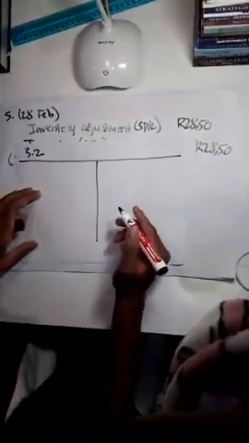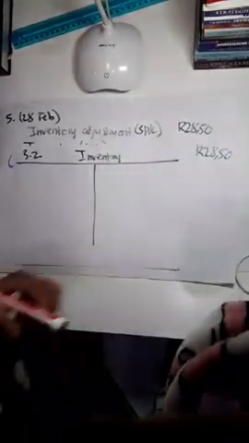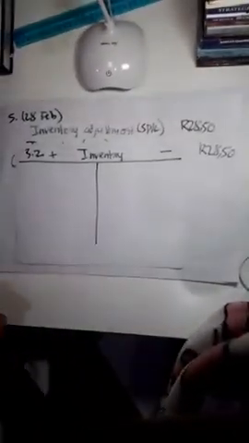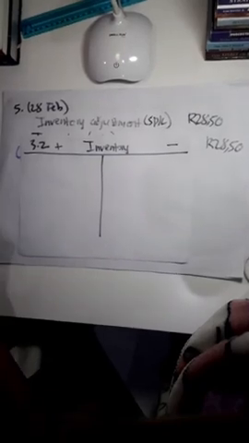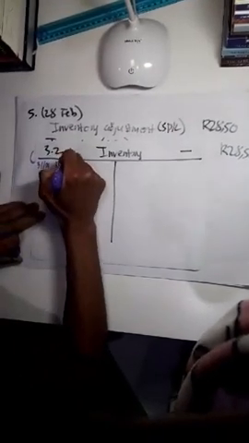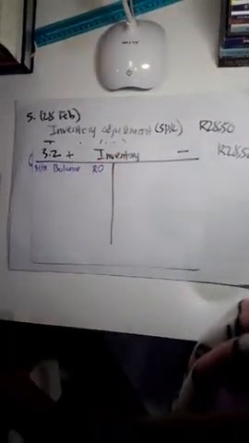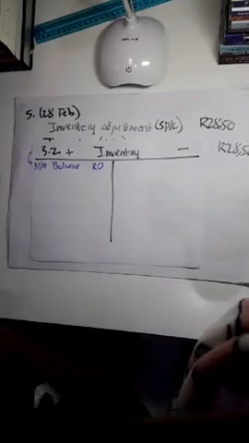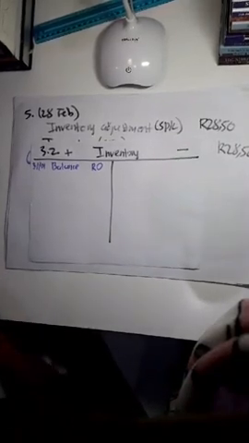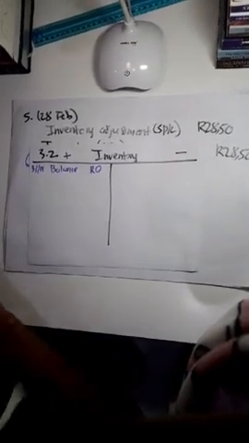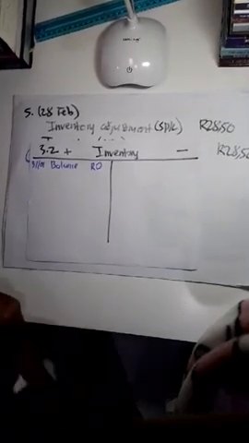So now we have inventory. We know that inventory is an asset, and your assets increase on the debit and decrease on the credit, right? So on 31st January, we had a balance of 0. Now I'm going to take you back to the transactions, because we need to record everything that affected our inventory.